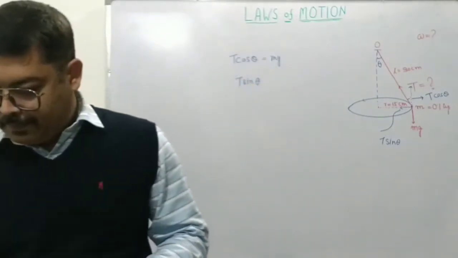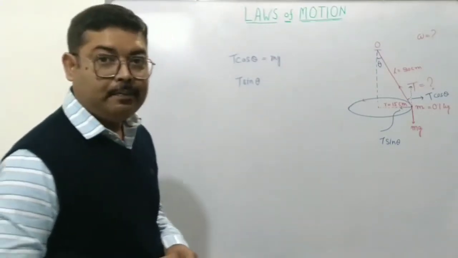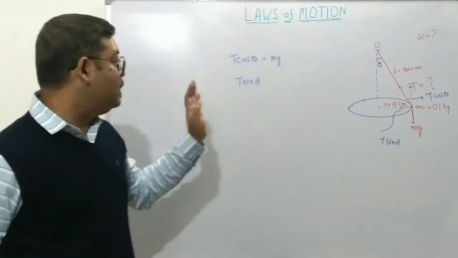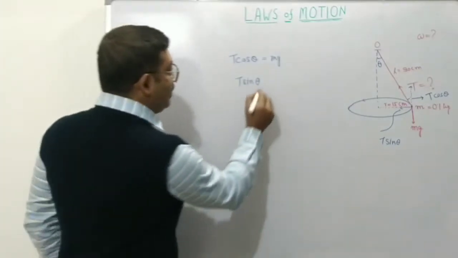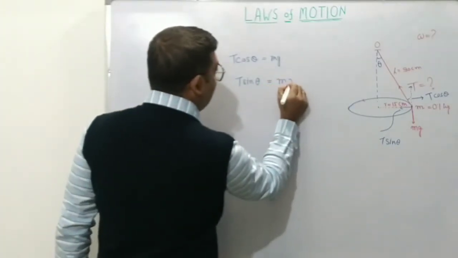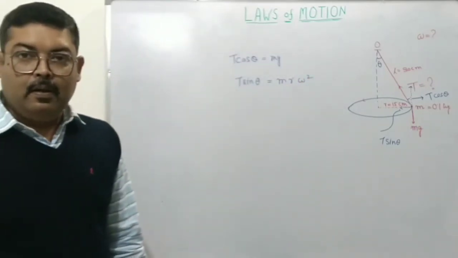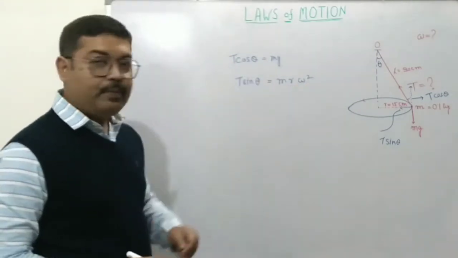This T sin theta is the centripetal force, as we have discussed, necessary to keep the object moving in circular motion, which must be equal to m r omega squared. Now, can we find T and omega from these equations?